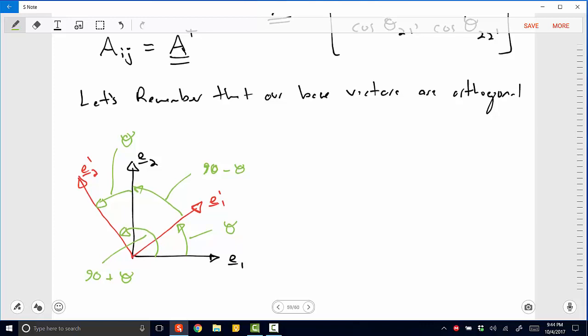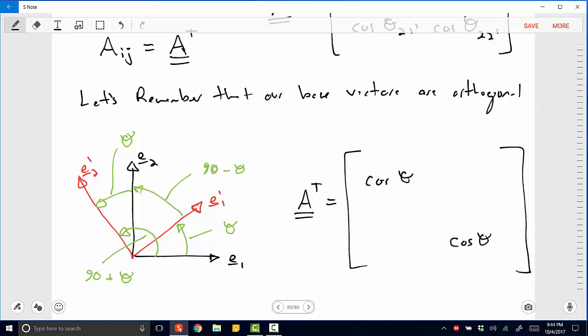All right, so now that we've done that, we can rewrite our transformation tensor. The angle between E1 and 1 prime is theta, cosine theta. The angle between E2 and 2 prime is theta, cosine theta.